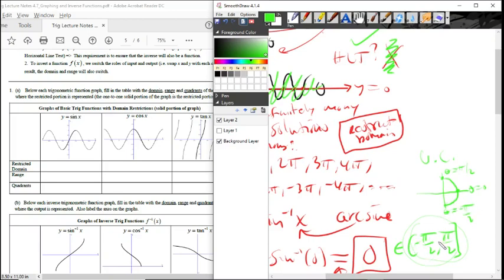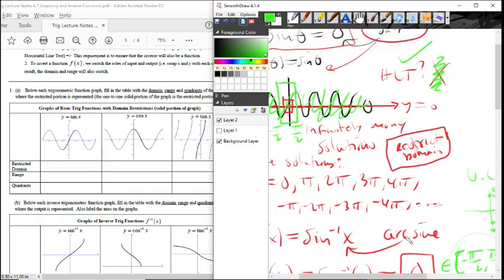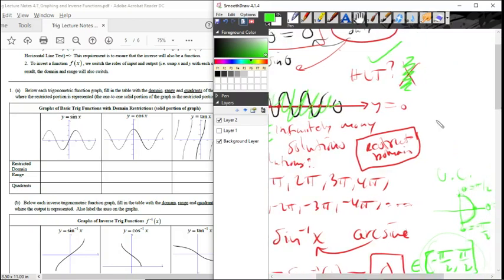So if we are between negative pi over 2 and pi over 2, that means we're always going to find solutions in quadrant 1 and quadrant 4. So the choice of the restriction on the sine function has as a consequence that we will always be finding solutions to the arcsine in quadrant 1 and quadrant 4. So the quadrants would be quadrant 1 and quadrant 4 for the sine function.